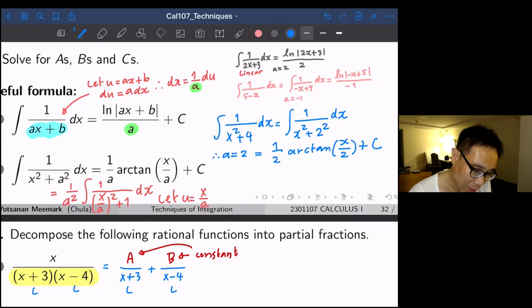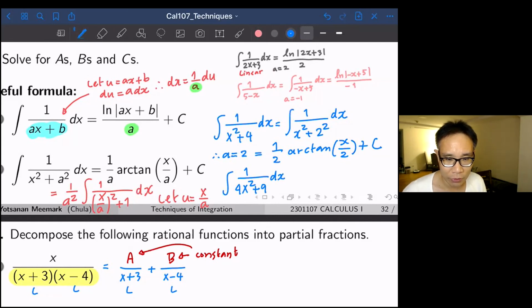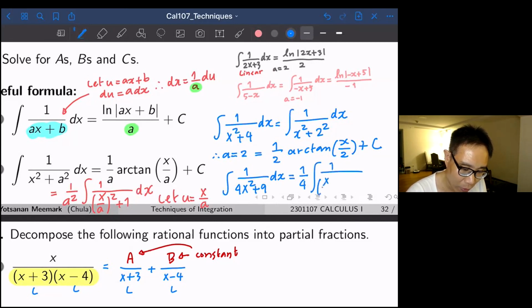Okay, and another thing I'd like to teach you is if you have 1 over 4x squared plus 9 dx, and you'd like to integrate this, the thing you're going to do is pull out 1/4. You end up with 1 over x squared over 4, so it's going to be x squared over 4 plus 9 over 4, dx.